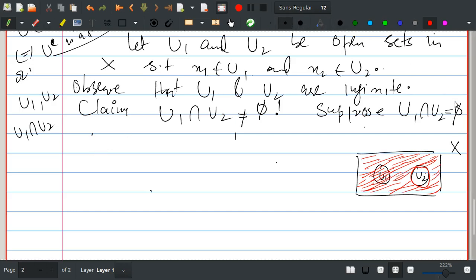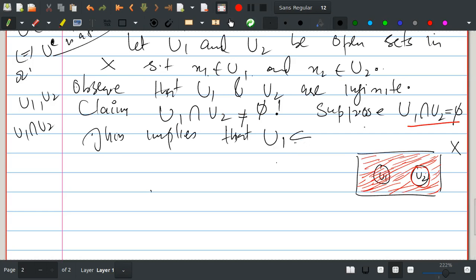So this intersection being empty implies that U1 is contained in U2 complement.